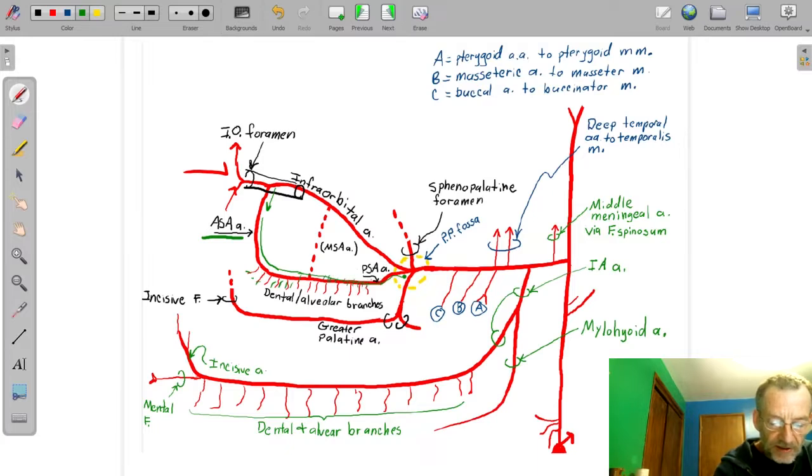So we have our posterior teeth and our anterior teeth in the maxilla, and if you have a MSA, it comes off of the IO also within the infraorbital canal, which I didn't draw properly. Okay, so those are the four branches. We have two ring roads. We have the Palatine, and then we have the teeth.